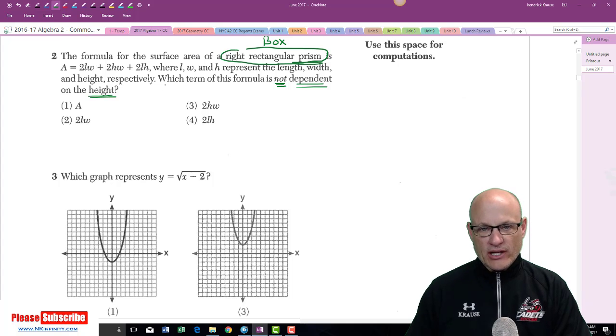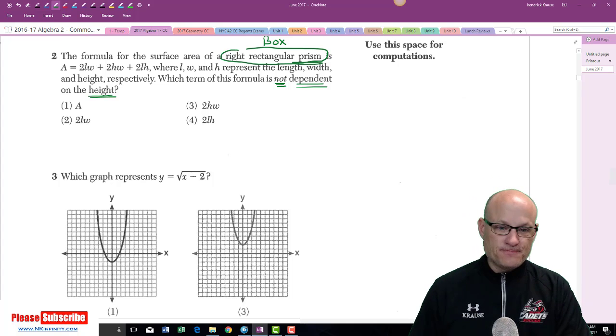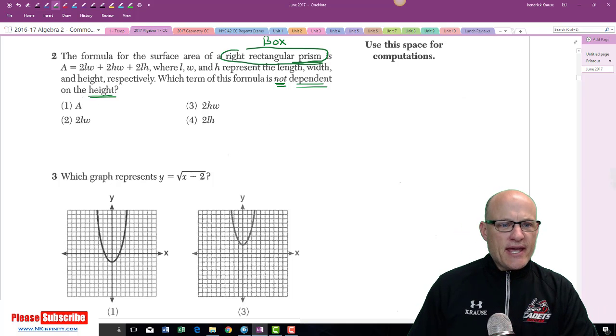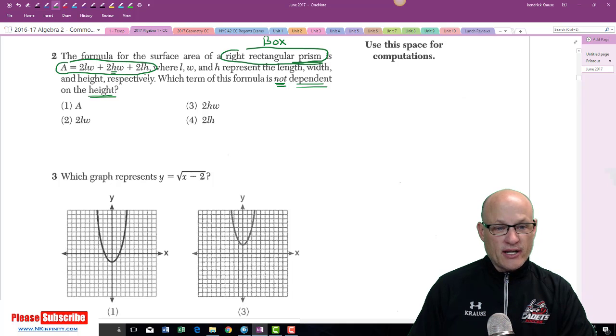All right, this is going to be like a vocabulary lesson. Which term is not dependent on the height? So, area is equivalent to all of this stuff, which includes the height. So you're not going to be able to find the area without the height. So it's not area.